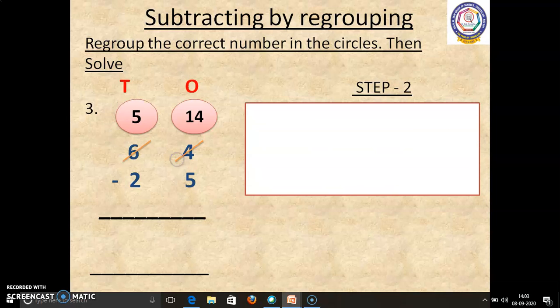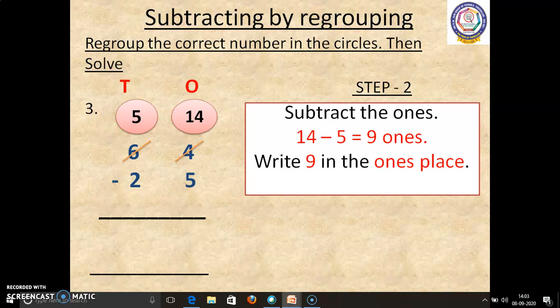Step 2. Subtract the ones. 14 minus 5: 14 in the mind, 5 in the finger. 14, before it 13, 12, 11, 10, 9. So we have to write number 9 in the ones place.